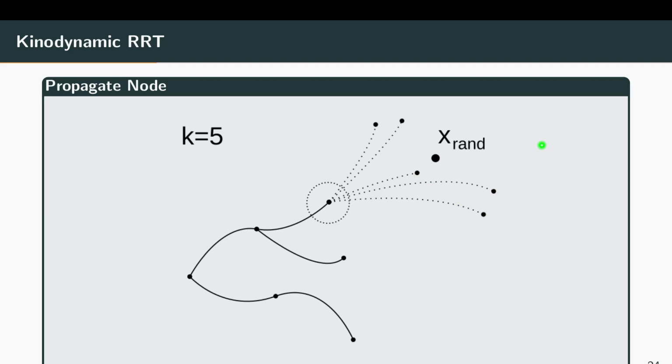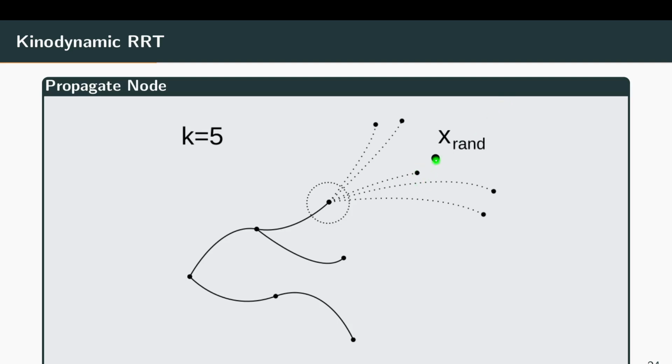And then what would be the best one in the RRT world in this case? Probably the middle one, which is closest to the random one. Exactly, because in geometric space, remember what we try to do is connecting them directly or moving with a fixed step size.